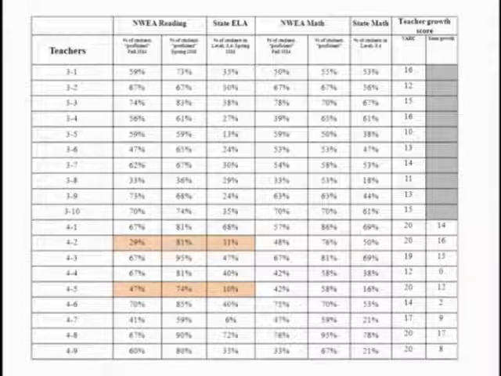And they average all the teacher scores together to come up with a teacher score. Now, if that sounds convoluted to you, it's because it is. And there's not a ton of validity. I mean, if you look at the scores on the state, they're radically different than the growth scores from NWEA.